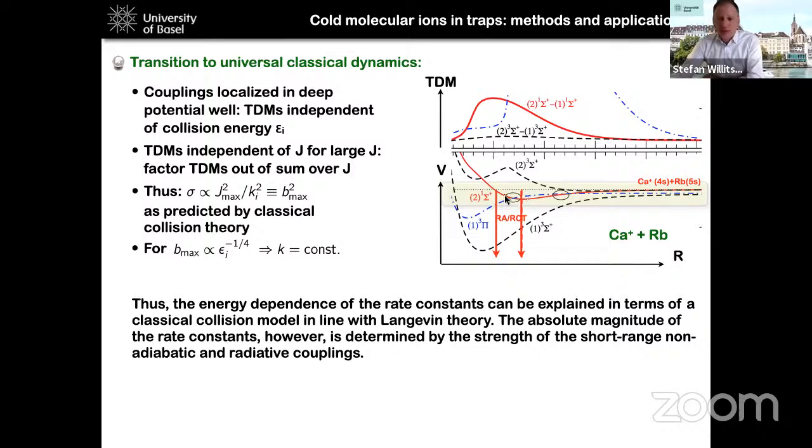The properties of the wave function will then mostly be determined by the depth of this well, and that explains the insensitivity of the cross sections and the rate constants to the asymptotic collision energy that we observe in these systems. This is also very nicely reproduced by rigorous quantum calculations of these processes.